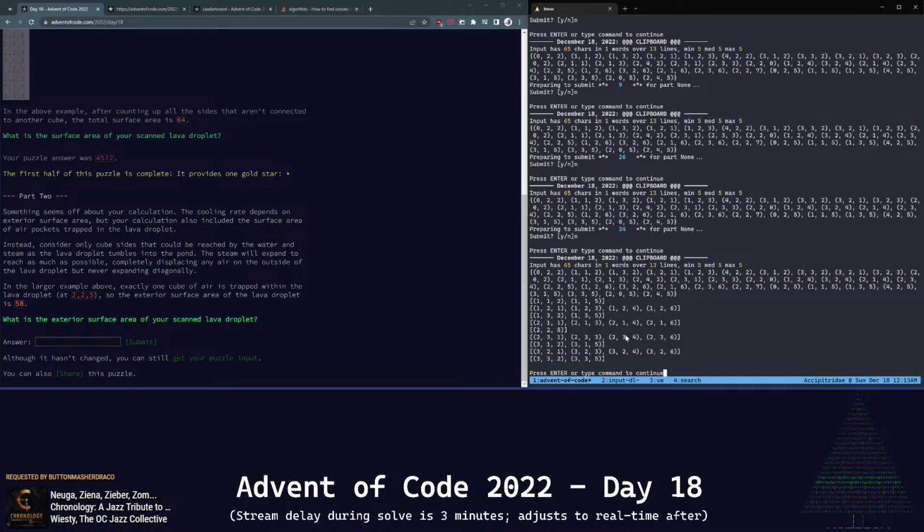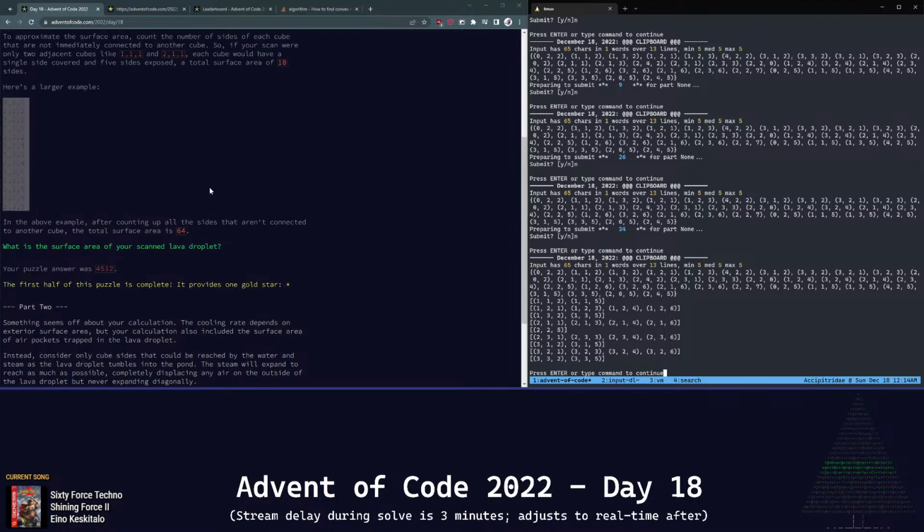I thought we can discount these faces because they're internal, and we just only pick the faces that are sandwiched. Oh wait, 1, 2, they're even. Oh god.